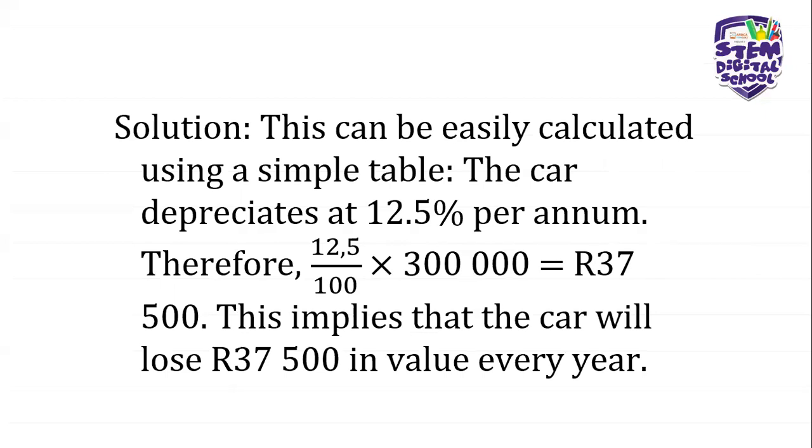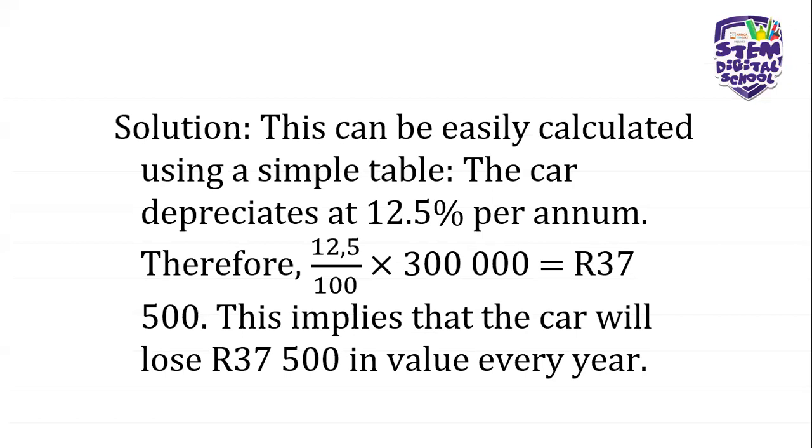These calculations can be done as follows. We know that 12.5% simply means 12.5 over 100. And then you multiply that by 300,000, you get 37,500. So this means that the car will lose the value of 37,500 every single year.